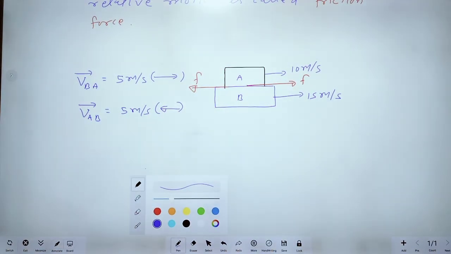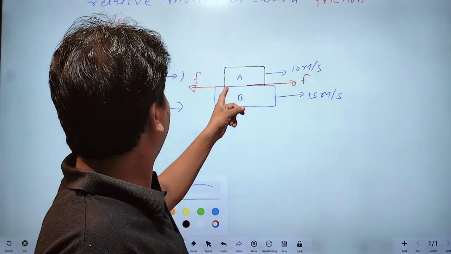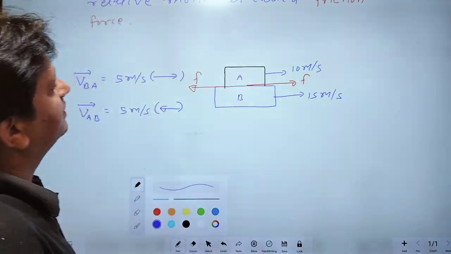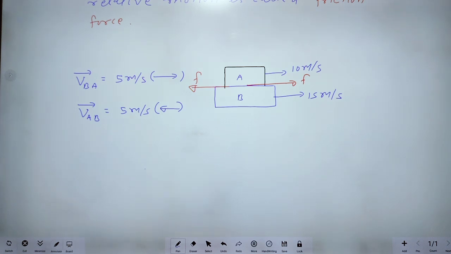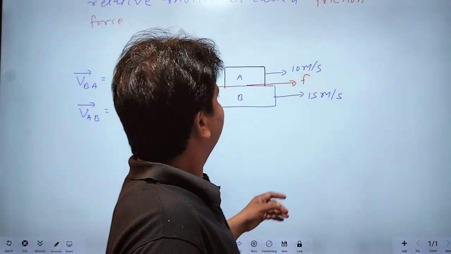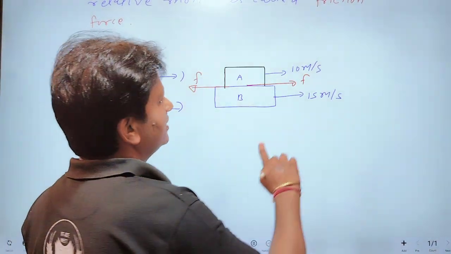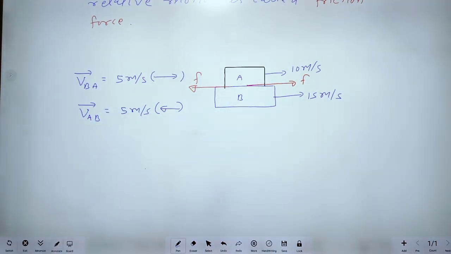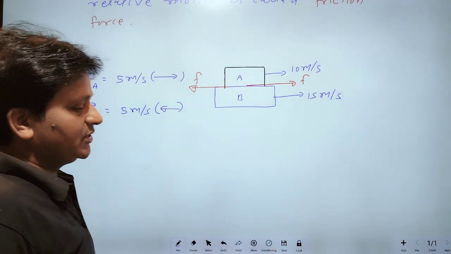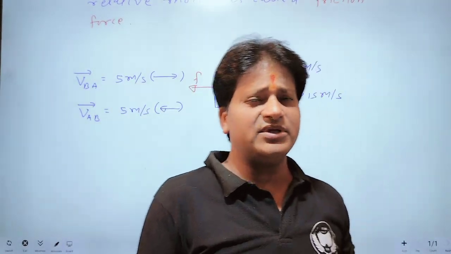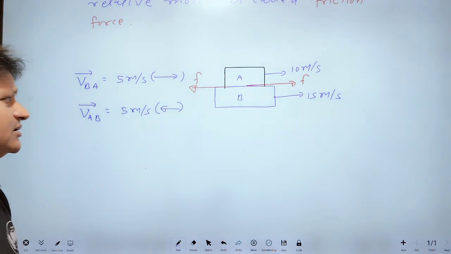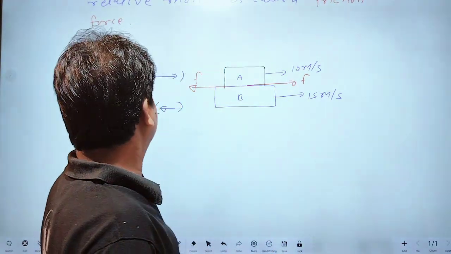Therefore, the friction force acting on the block A due to B will be in forward direction, that is rightward, and the friction force exerted on B due to A will be in leftward direction, because friction force always opposes the tendency of relative motion between the surfaces of contact.